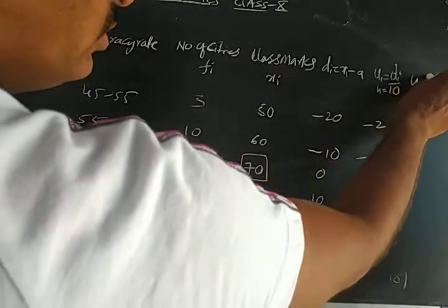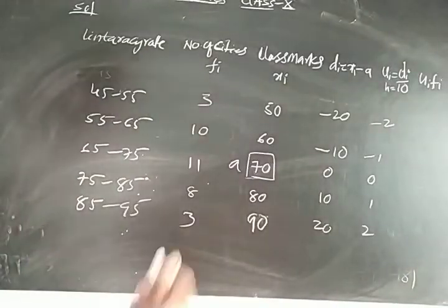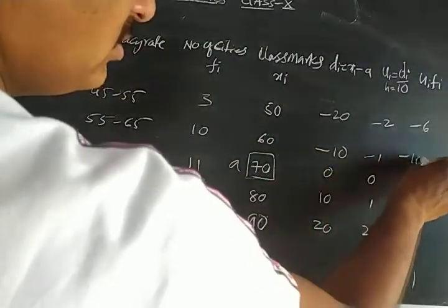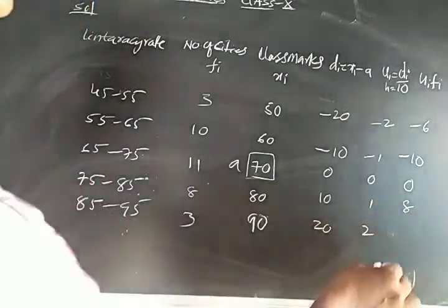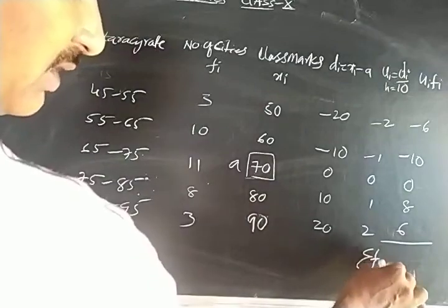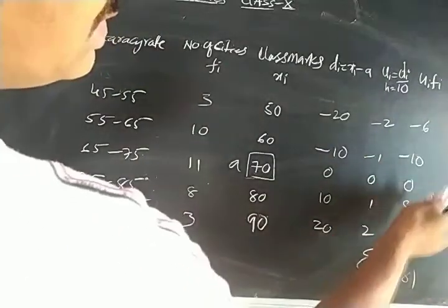Next column, ui into fi. 3 into minus 2 is minus 6, 10 into minus 1 is minus 10, 11 into 0 is 0, 8 into 1 is 8, 3 into 2 is 6. So the last column sum is denoted by summation fi ui. What is the sum? Minus 6 plus 6 cancel, minus 10 plus 8, minus 2.